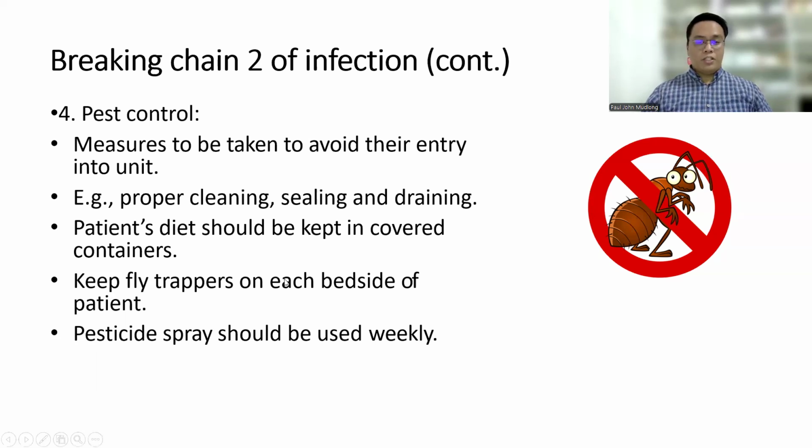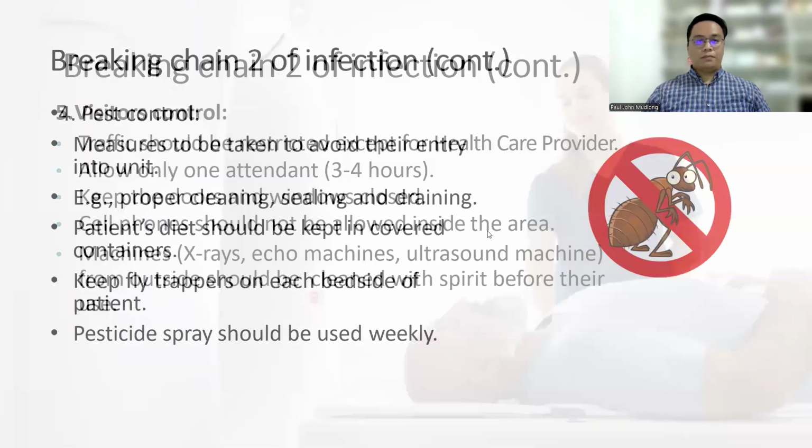Keep fly trappers at each bedside of the patient if it's an open area like a ward or a public hospital where the windows are open, so it attracts flies and other insects. So yeah, pesticide spray should be used weekly.